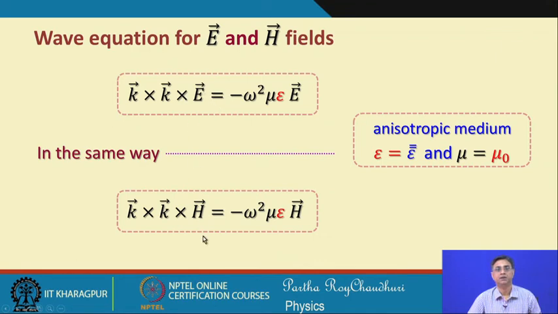So, we have a set of equations representing the wave equation for the electric field and the magnetic field in an anisotropic medium.